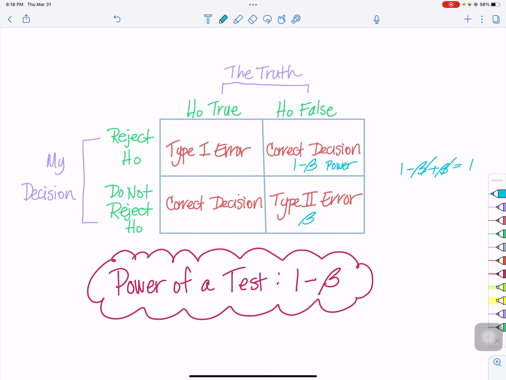Okay? So you might be thinking, well, what about this alpha? Where did this alpha come from? Well, alpha is actually a type 1 error. And you're not going to believe this, but this is the alpha that you have been stating every time you run a test or an interval. You say let alpha be 0.05 or alpha is equal to 0.01.